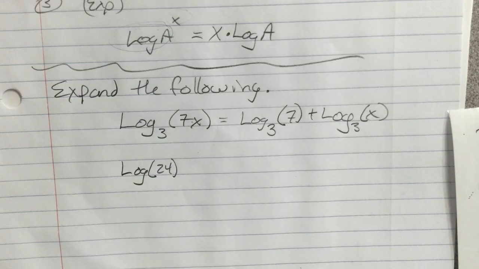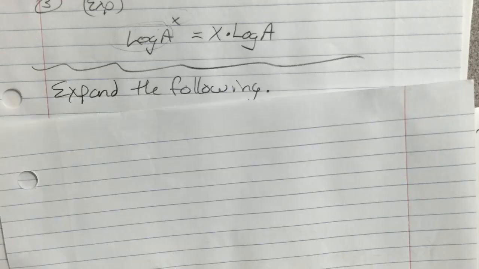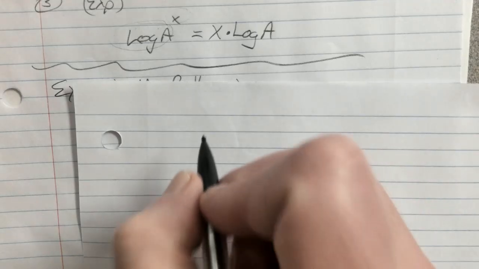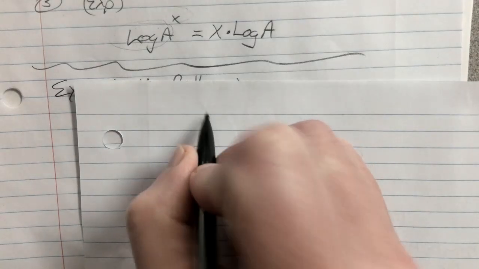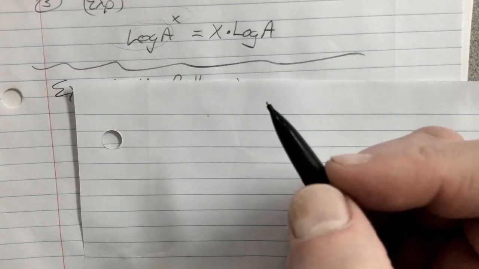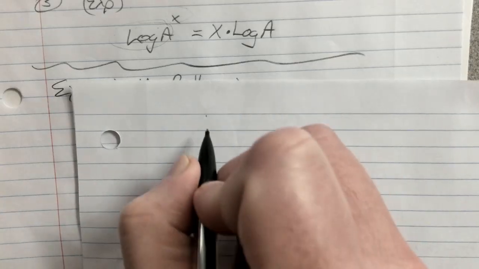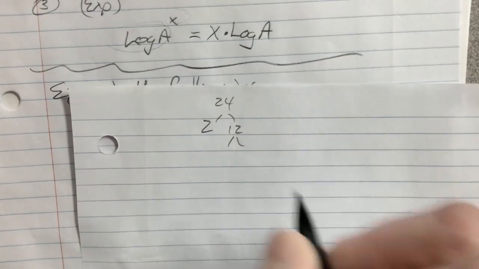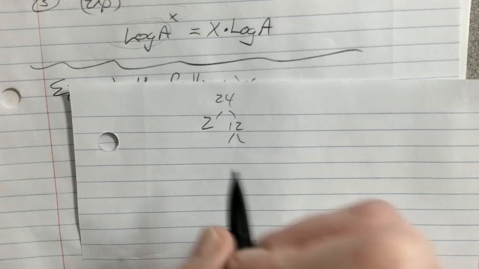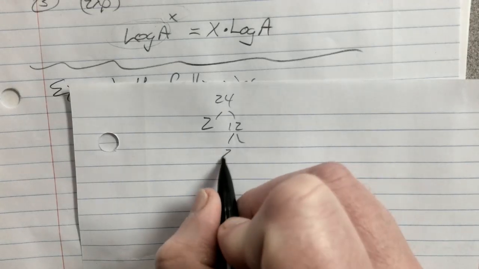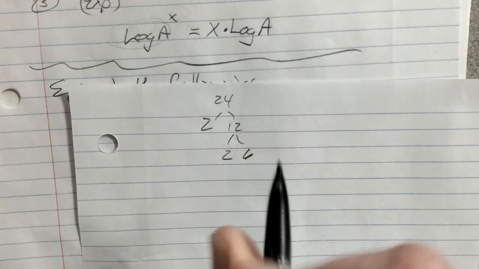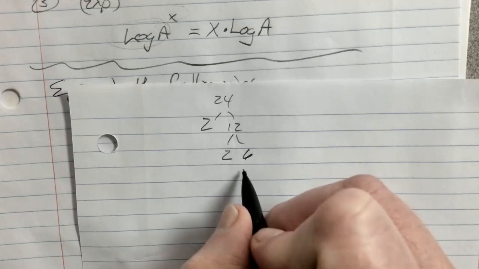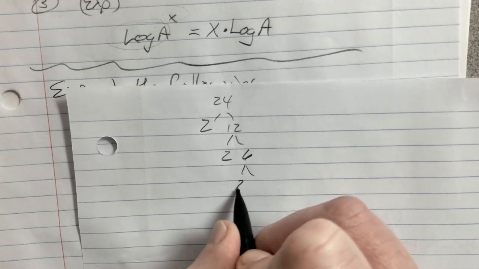Now, what are all the prime factors of 24? 1 and 24. 1 is not prime. It's ambiguous. Okay, 2, so we got a 4 and 2 and 12. What does 12 break into? 6 and 4. What does 6 break into? 3.